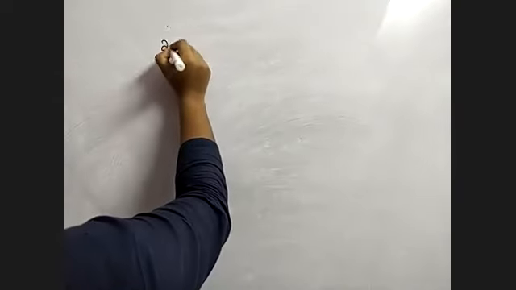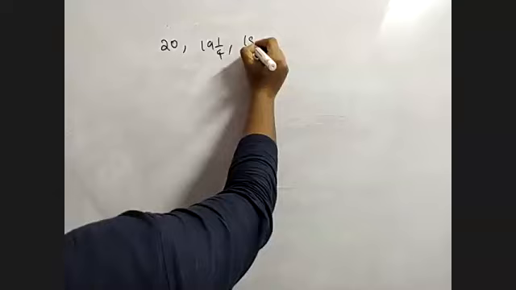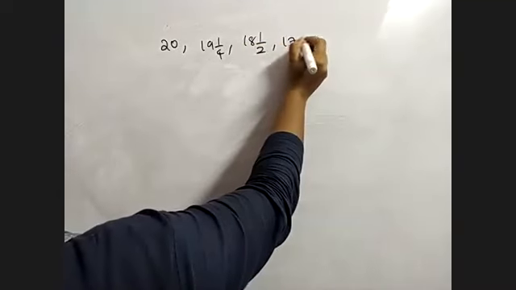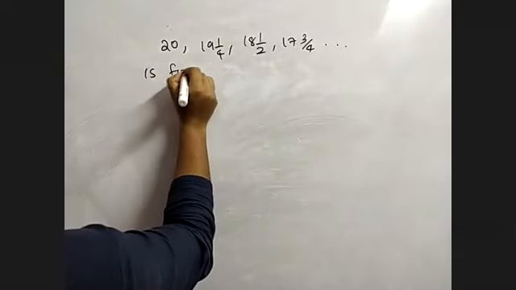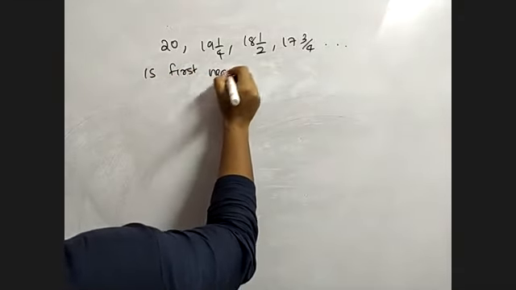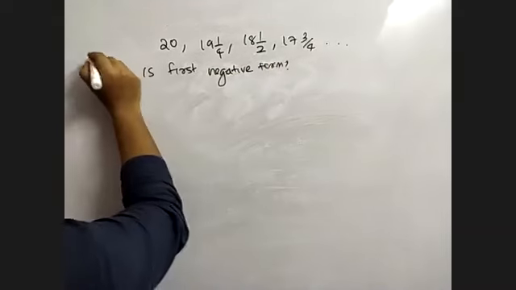Next question. Which term of the sequence 20, 19 1/4, 18 1/2, 17 3/4 is the first negative term?